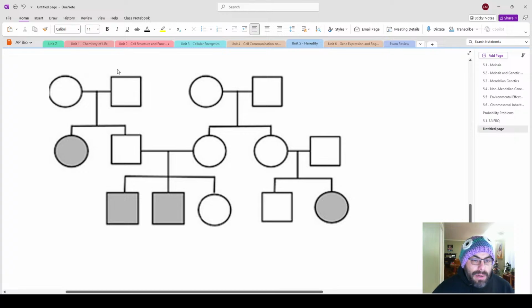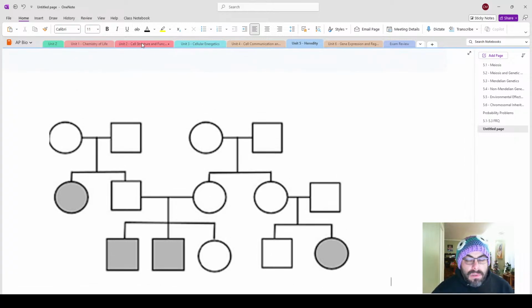Dad can't possibly pass it, right? He only has a big A, but his daughter has it, and so it can't be sex-linked, because the only X that he could give would be a big A because he doesn't have it. And so this has to be autosomal recessive.